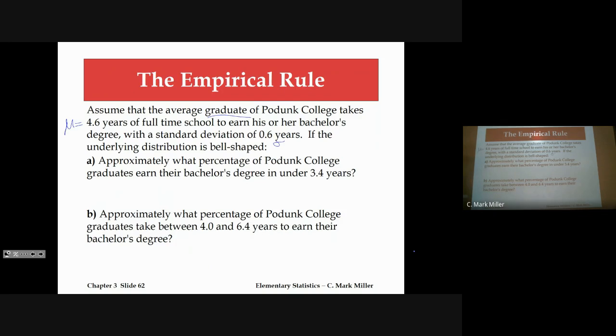If the underlying distribution is bell-shaped, we've got to have our assumption. That's our assumption. Approximately what percentage of Podunk College graduates earn their bachelor's degree in under 3.4 years? Under.